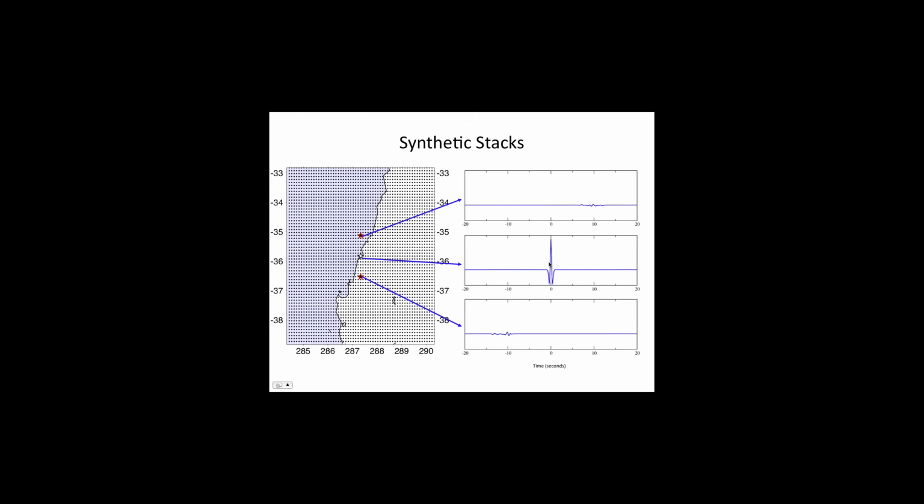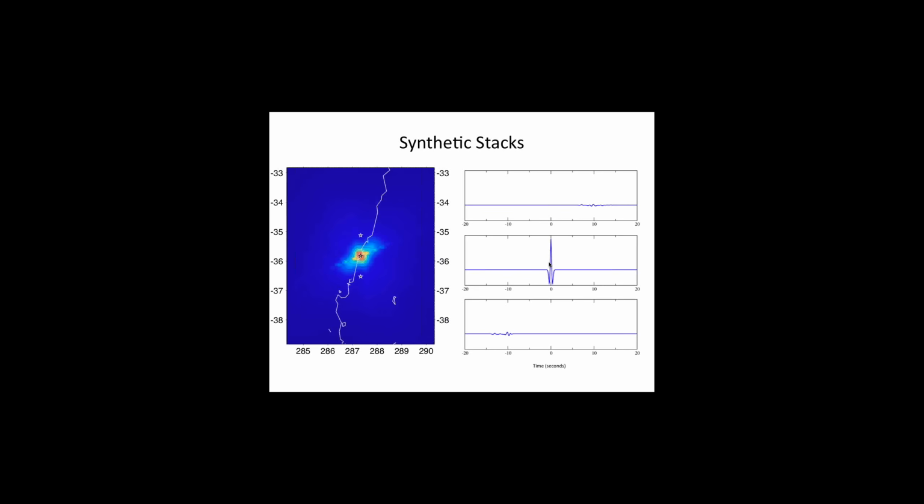One way of visualizing these stacks is to integrate the squared amplitude of the stacks and then plot that value at each grid point. When you do that for this point source, this is what you see, where warm colors indicate very high amplitude stacks, and the colder blue colors show low amplitude stacks.